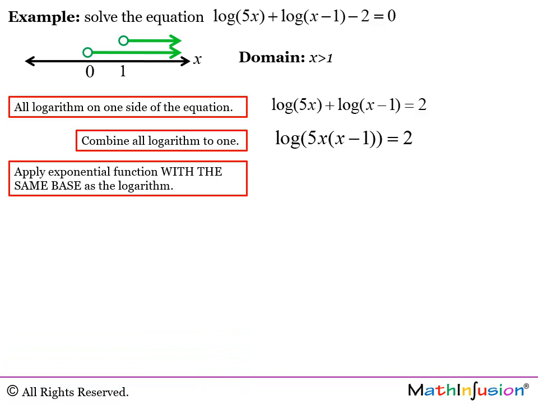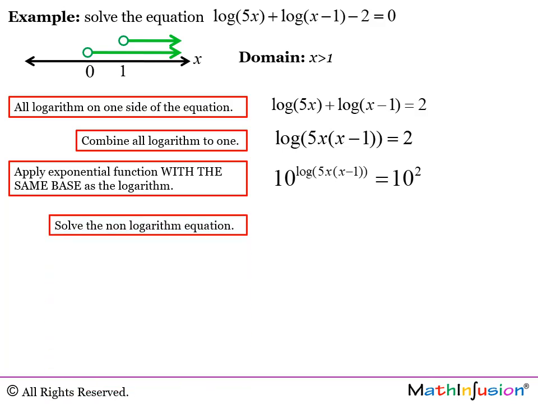Now we have to apply the exponential function, which is the exact inverse of this logarithmic function. And because this is log base 10, we have to apply the exponential function 10 to the power. On the left side, we get just 5x times x minus 1. On the right side, we get 100.